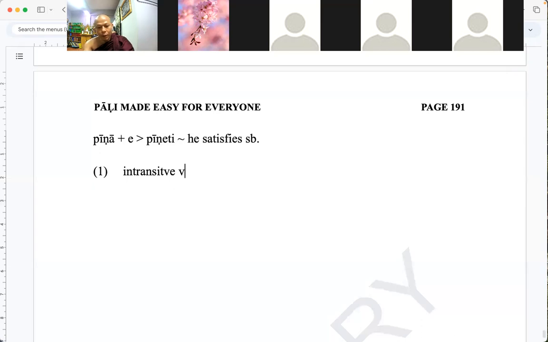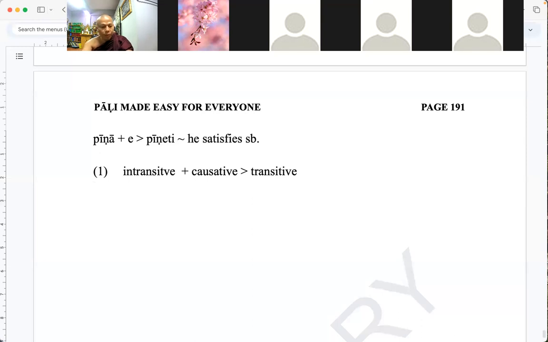So to the intransitive root, if we add the causative, at that time it becomes transitive and needs an object. So intransitive, root or base, becomes transitive.